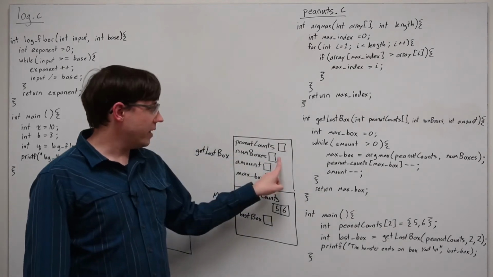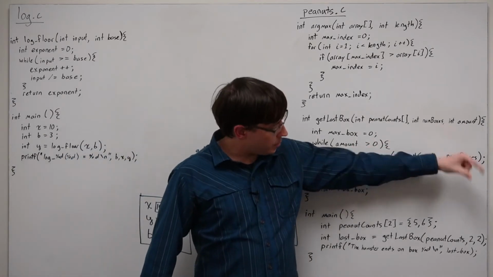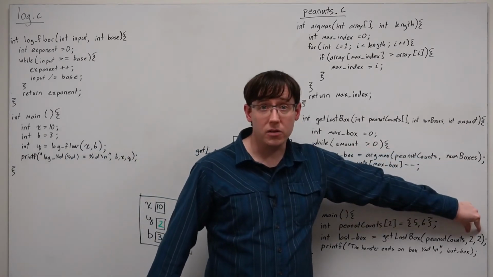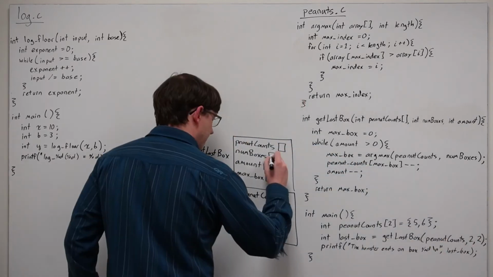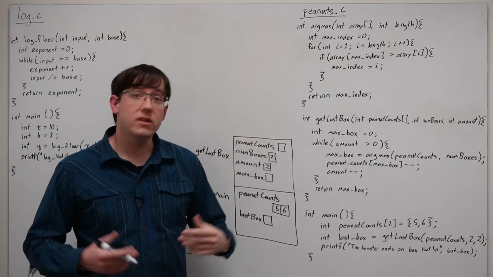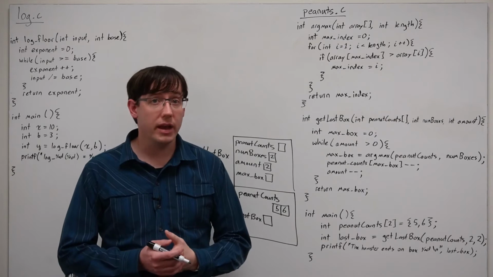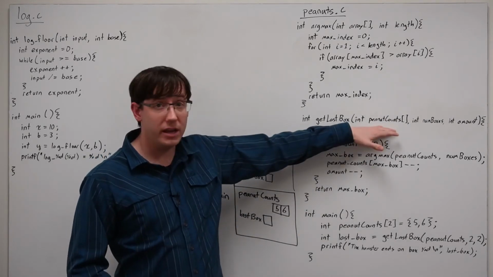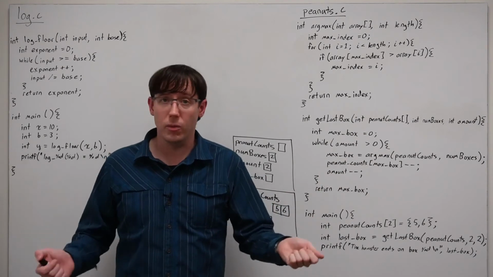We can fill in the values for numBoxes and amount based on the parameters that were passed into the function. Their initial values are both 2. But when we passed in peanut counts, something slightly different happens. In particular, when we pass an array variable into a function in C, we don't copy the entire array.